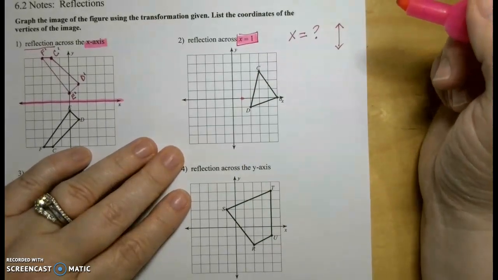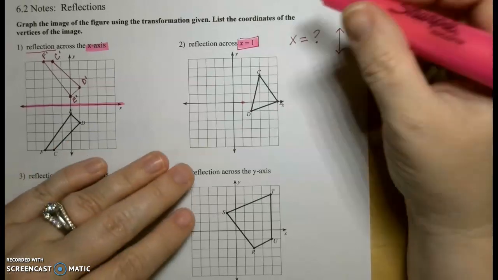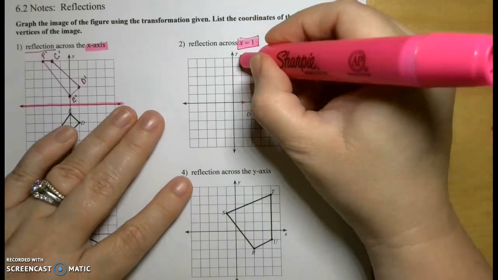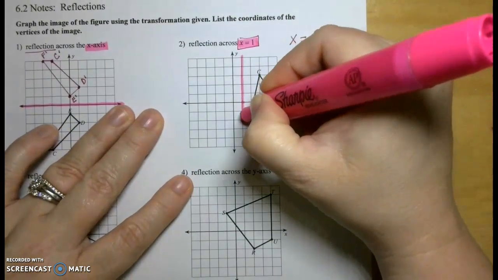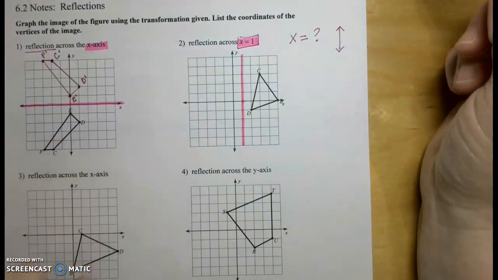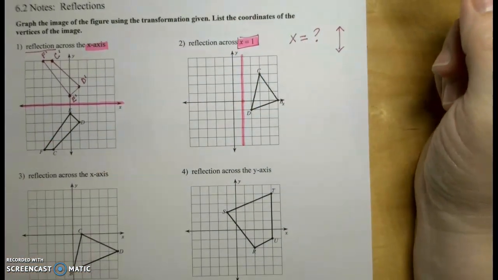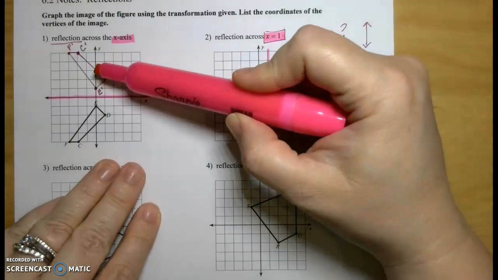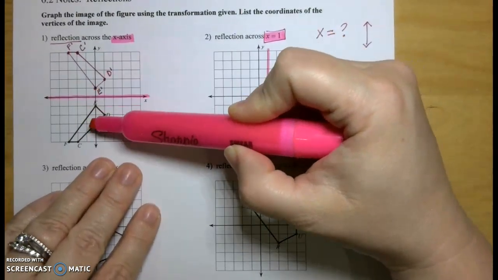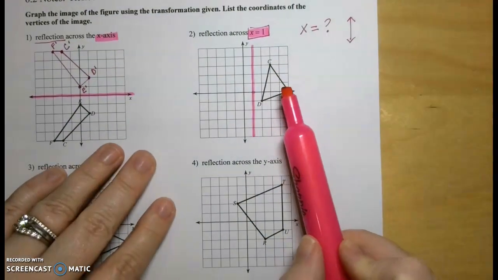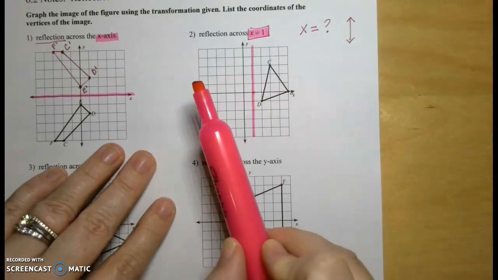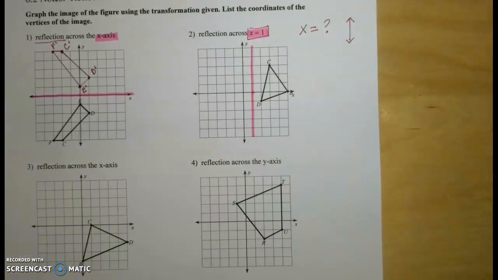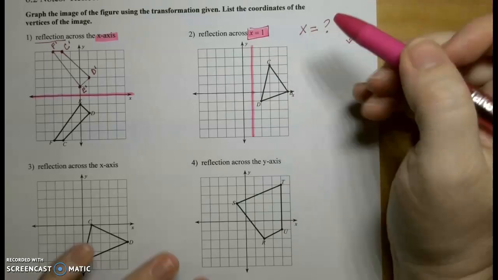It's right there. That line crosses through the x-axis, so it's parallel to the y-axis at 1. In number 1, I was flipping up to down, or down to up. This one, I'm going to be flipping from the right over to the left. Same idea, just left to right.